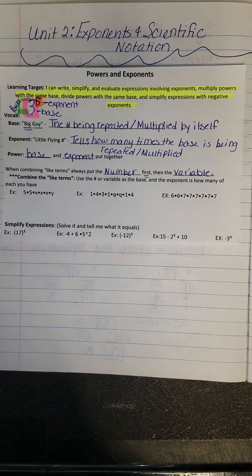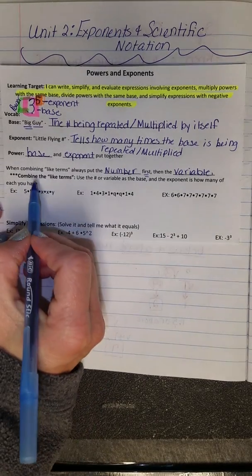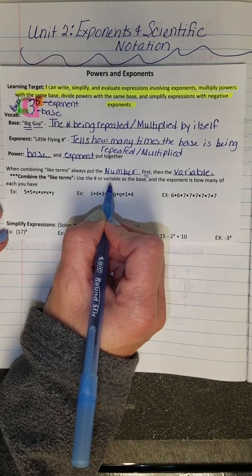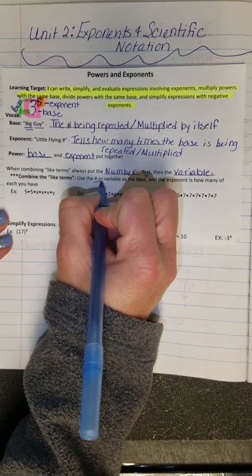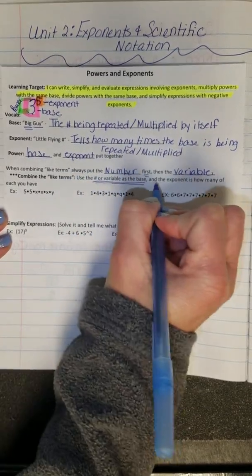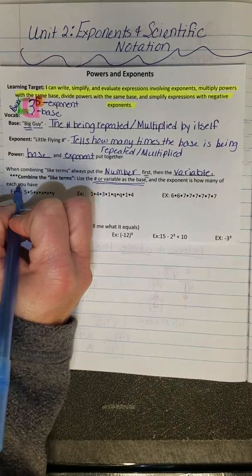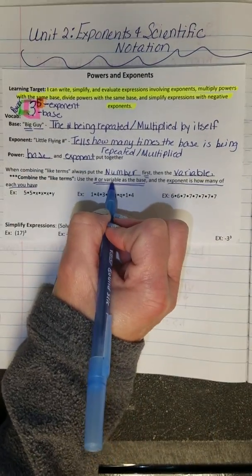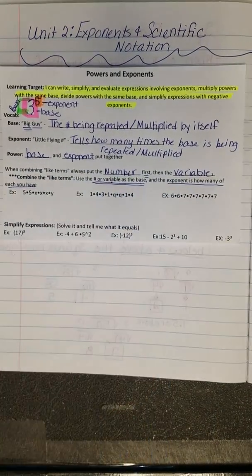The number always comes before the variable, okay? So combine the like terms, use the number or variable as the base, and the exponent is how many of each you have.